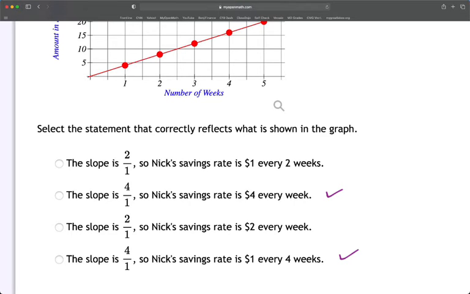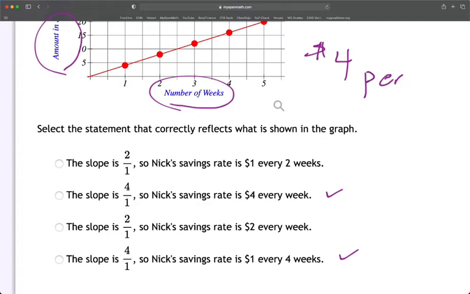And now it's about what that 4 represents. Well, that 4 represents the number of dollars per week, much like the previous problem. So it looks like we've got the second choice here. The slope is 4/1, so Nick's savings rate is $4 every week. This is keeping track of the rate at which Nick is saving his money.